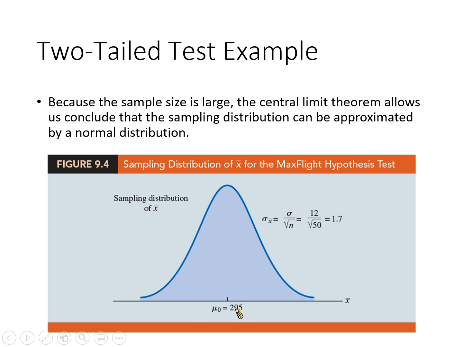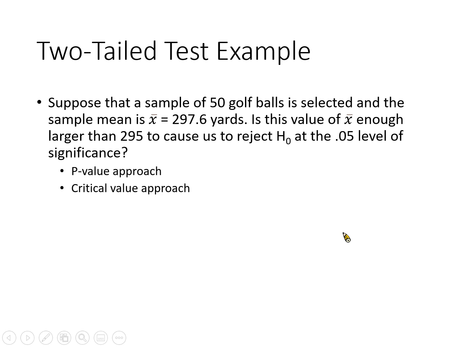The mu zero is 295, and you will get a standard error of 1.7. In such a condition, you will think about whether the hypothesis should be rejected or supported. Then you can use the p-value approach and the critical value approach to check the hypothesis.